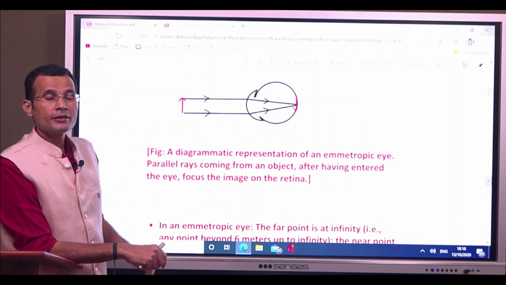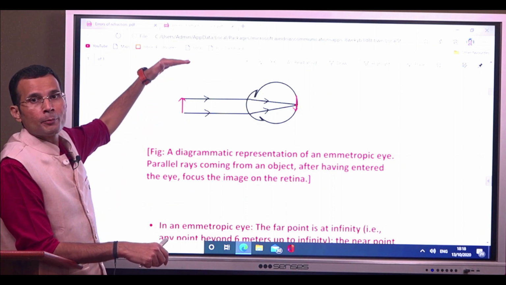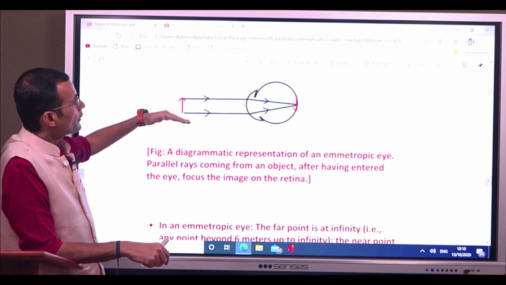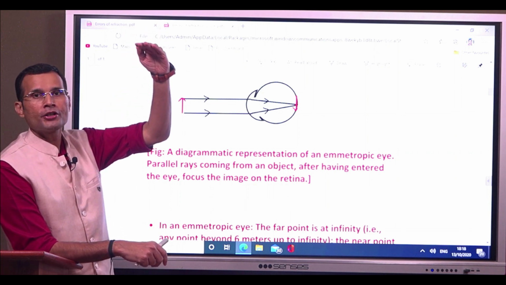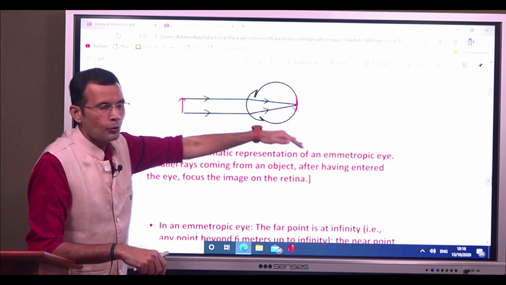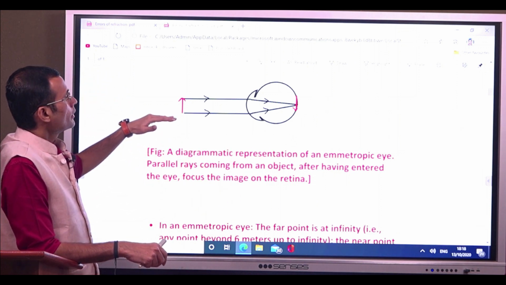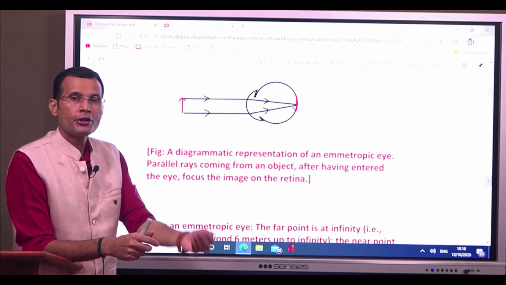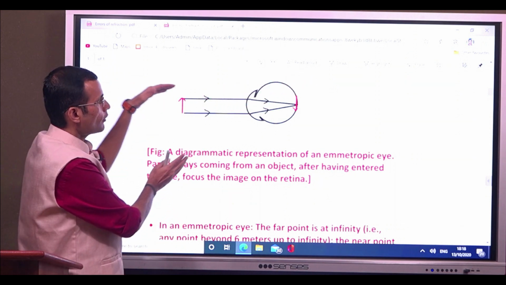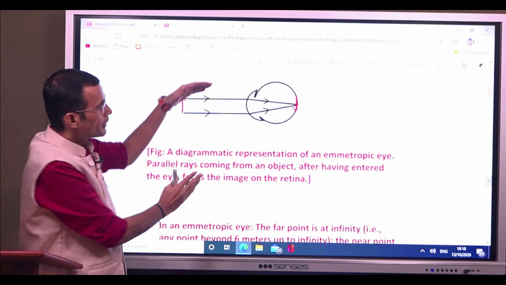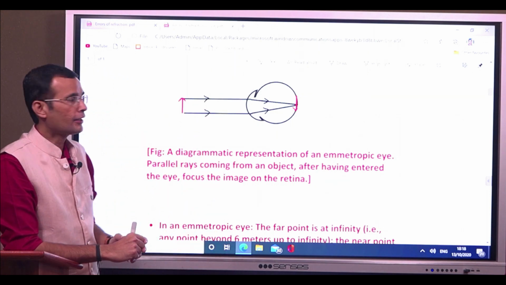So, the light rays coming from the upper part of the object, light rays coming from the upper quadrant of vision, they fall on the lower retina. The light rays coming from the lower quadrant of vision, they will fall on the upper retina. That's how the crossing of the light rays occurs, and their image is inverted actually on the retina.